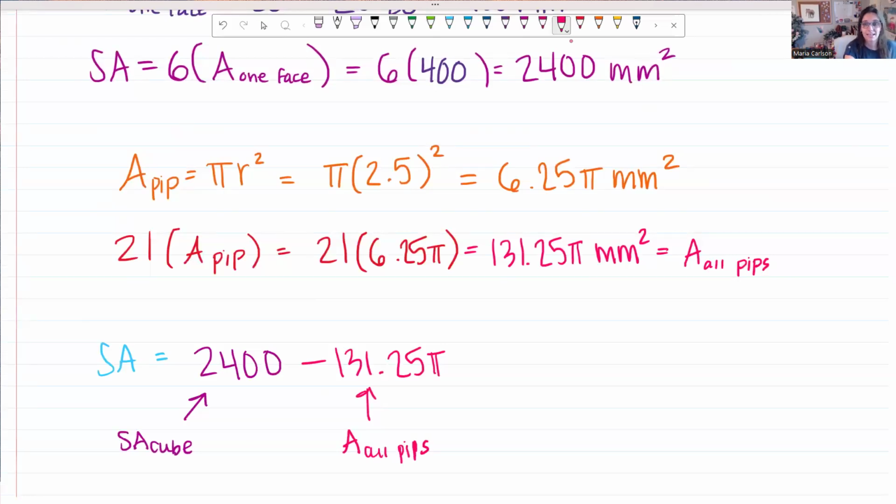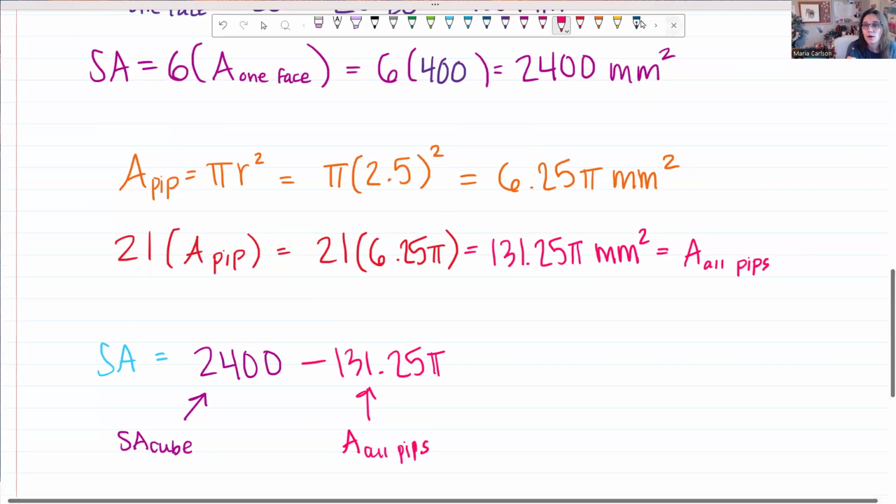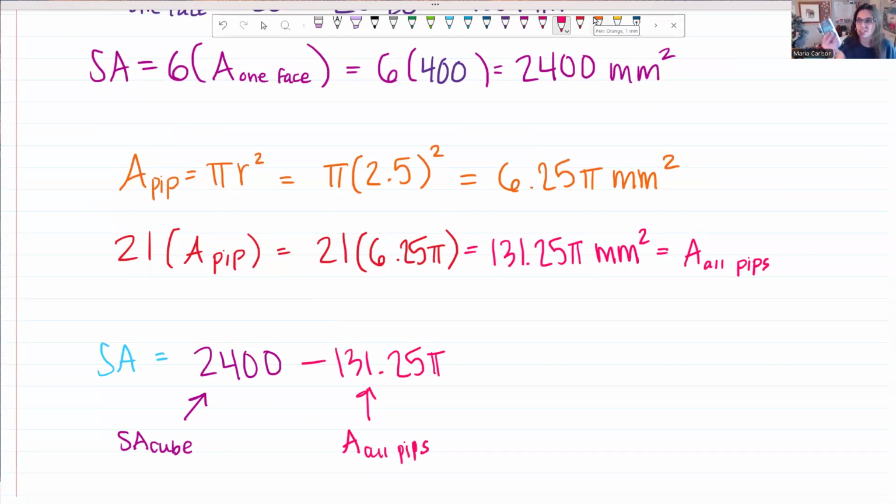And when you subtract that, you can use a calculator to do so. You can use one of these handheld ones, or Desmos can do the pi button for you, or you can use 3.14 for pi and approximate it that way as well. But when you do this, the difference you get is 1,987.66596.